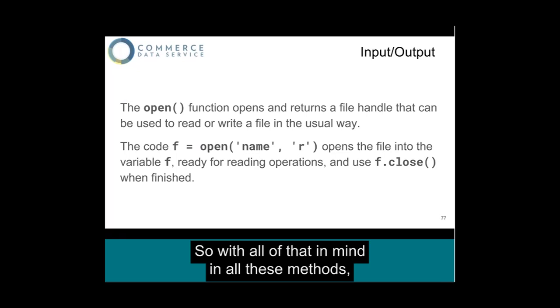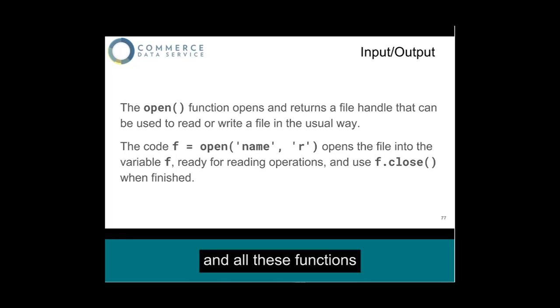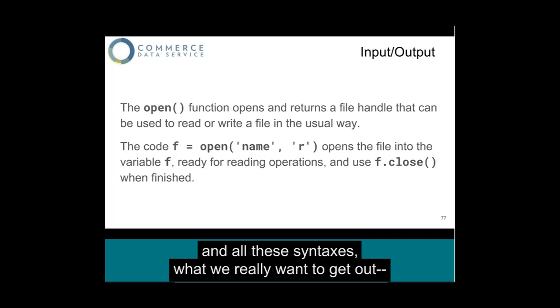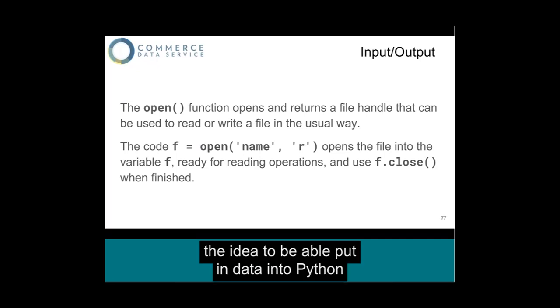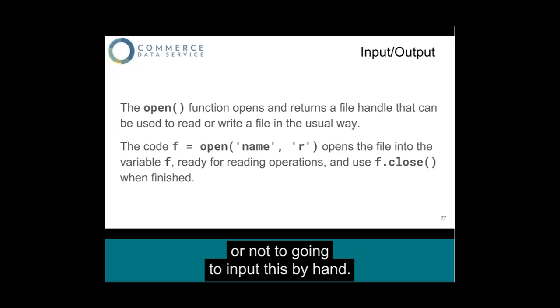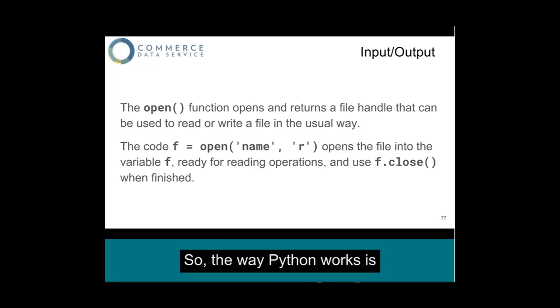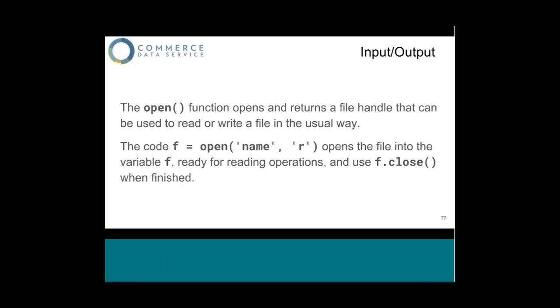So with all that in mind, of all these methods and all these functions and all this syntax, what we're really trying to get at is, I think a lot of us want to be able to put data into Python. We're not going to input this by hand. So the way Python works is that it has a function called open, which opens a file on your desktop or in whatever drive you have.